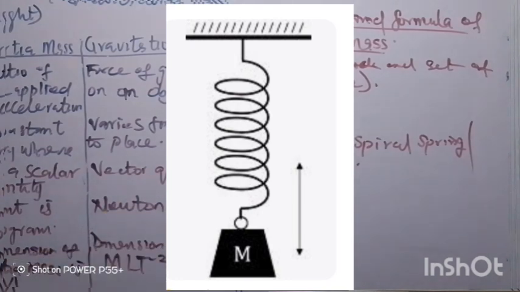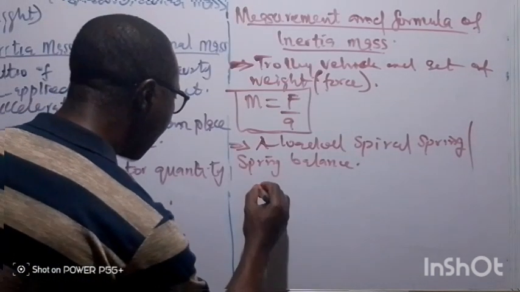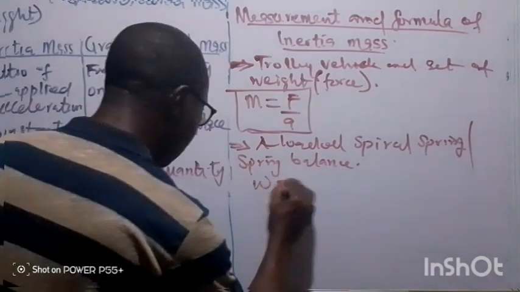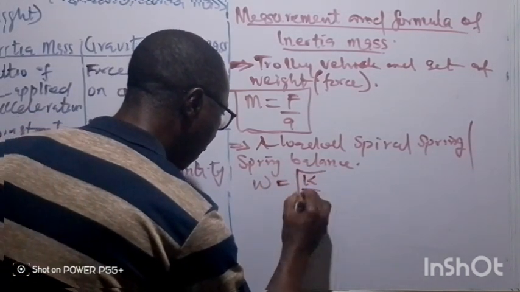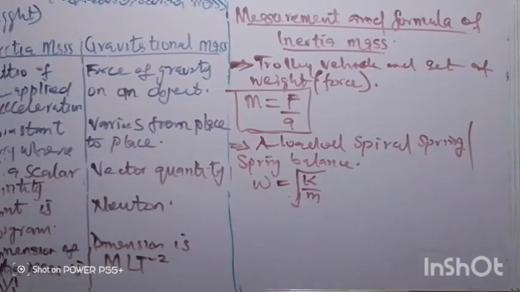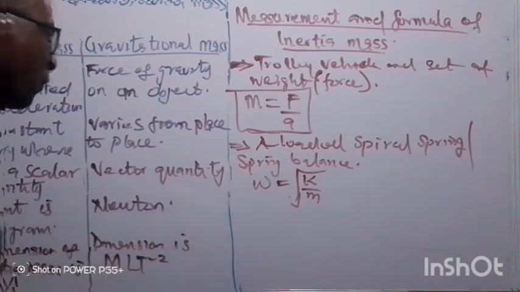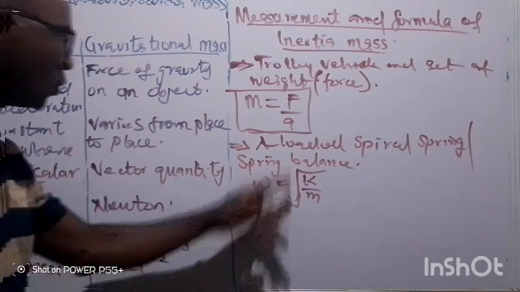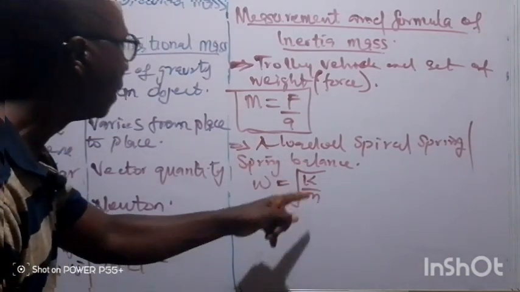So by then, when we are using a loaded spiral spring, we arrive at angular frequency omega equal to square root of K over M. That is the angular frequency, or we call it frequency of oscillation, where this M is the inertial mass that we are looking at.